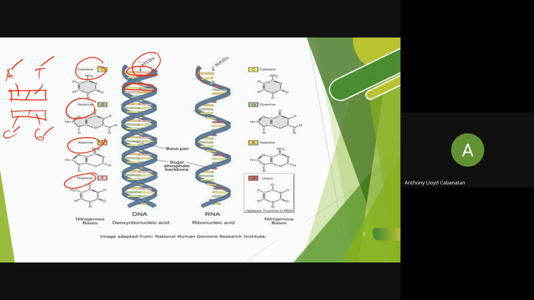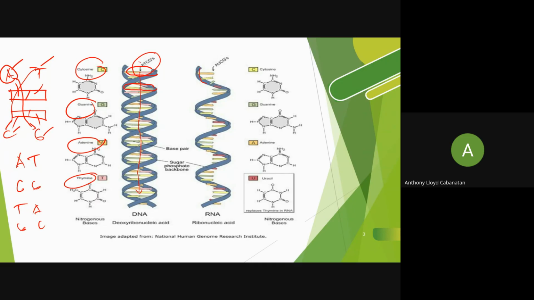Example, pwede bang si adenine ang ka-base pair niya ay si guanine? No. Si cytosine po ba, pwede ang ka-base pair niya si thymine? No. Okay? Yung buong DNA structure na yan, buong base pairs na yan, AT at CG lang. Or pwedeng TA at GC. Yan lang yung pwedeng format na acceptable, for proper spacing. Isa sa mga reason, proper spacing ng genes.